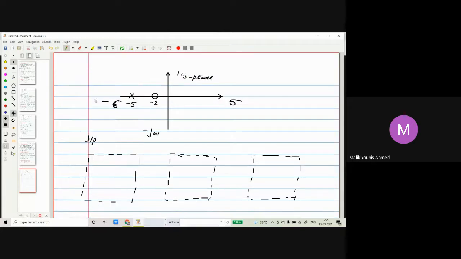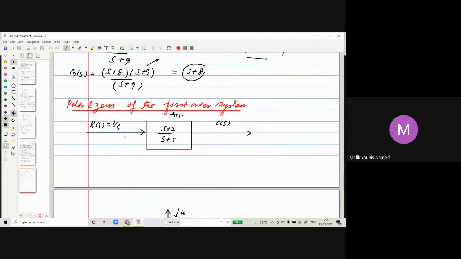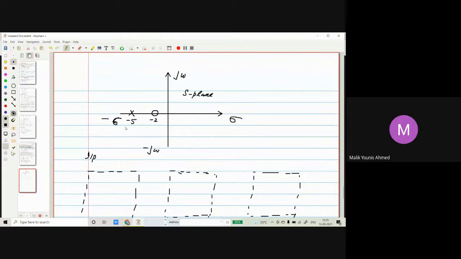The input is a step, so the input pole is 1 by S. That means a pole at the origin. So if we draw a graph of this, with real axis sigma and imaginary axis, this is the S plane, and we have a pole at the origin.